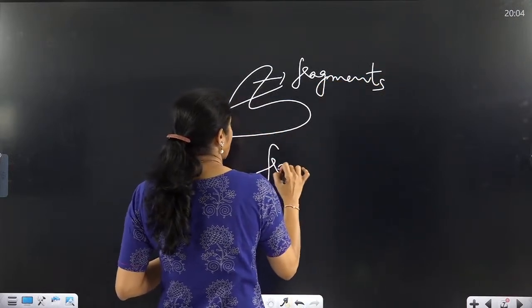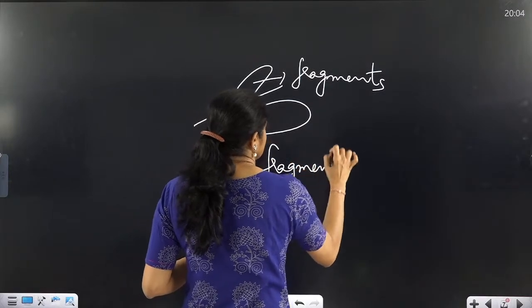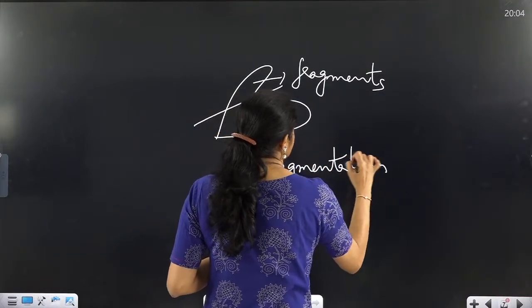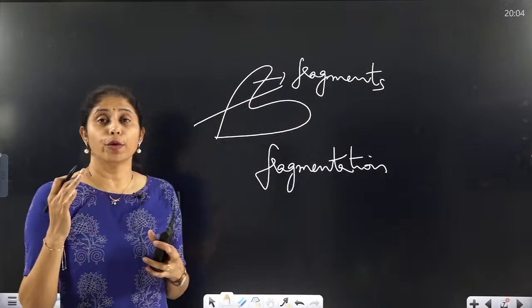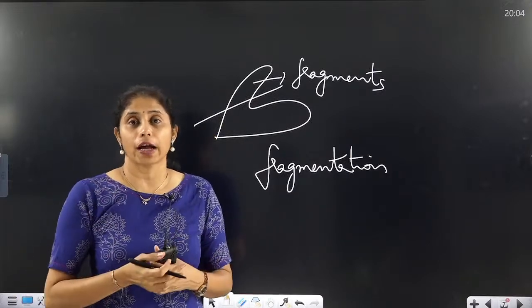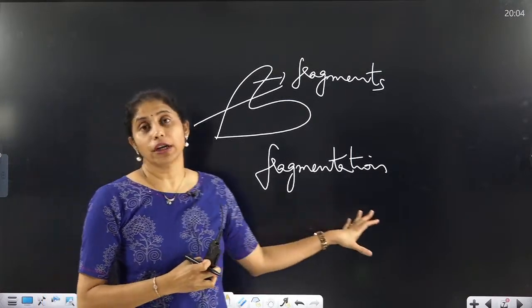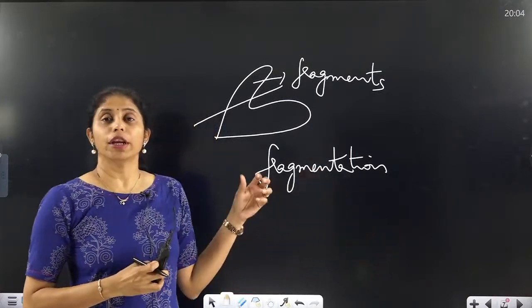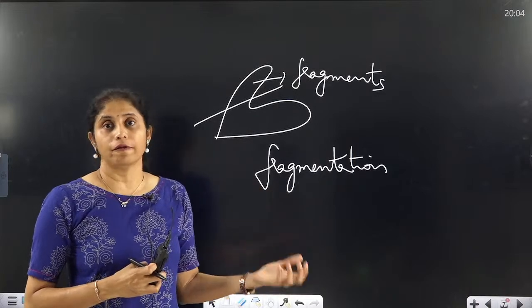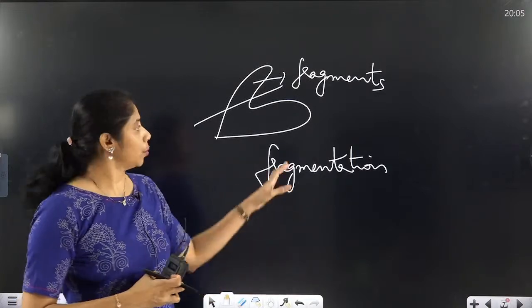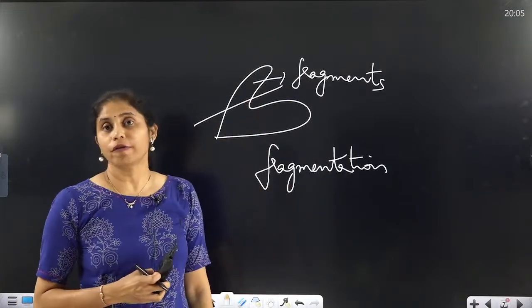This process is called fragmentation. If the thallus is broken down into a number of fragments, pieces, or bits, that process is called fragmentation. So algae reproduce vegetatively by the fragmentation method.